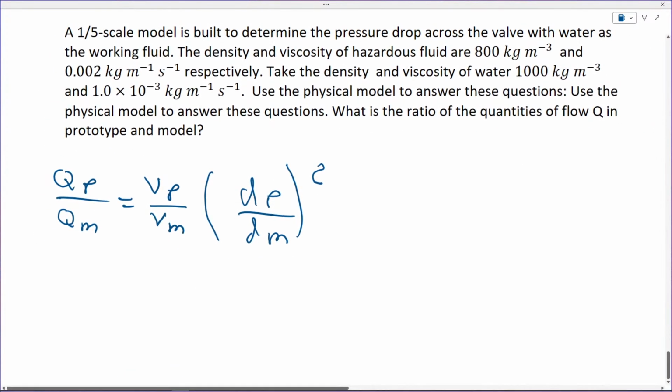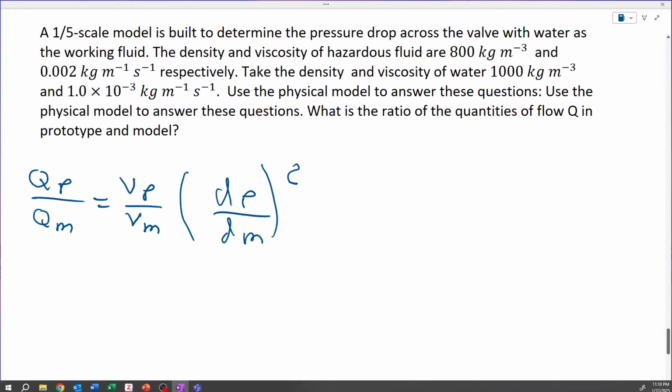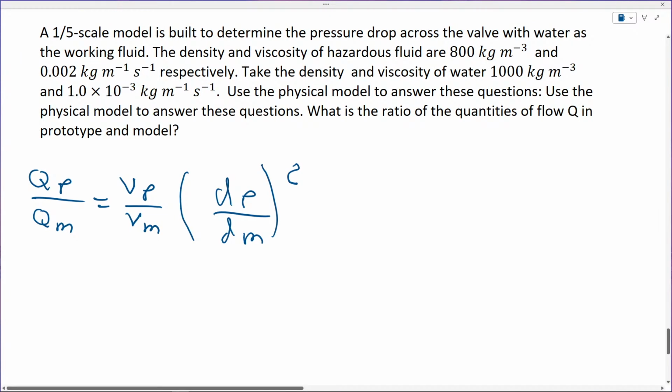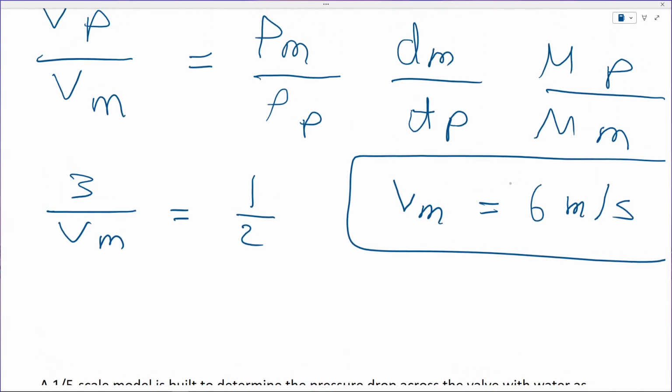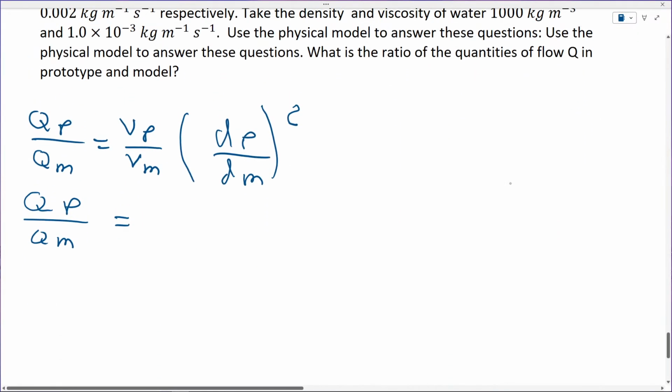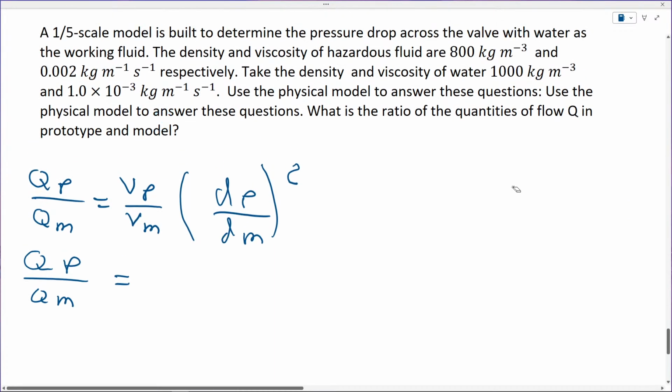So let's look at this problem. We need this ratio, Qp over Qm, and that would be Vp over Vm. We have 3 and 6, so that's 3 over 6.